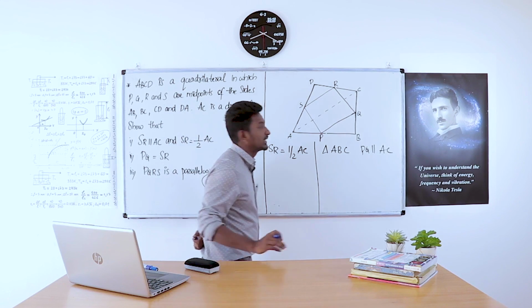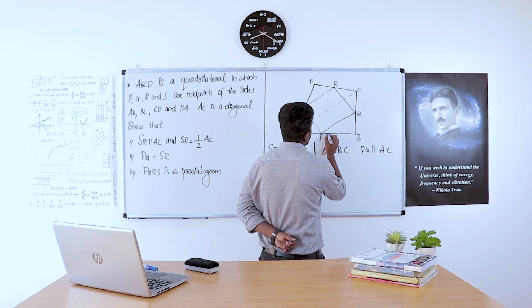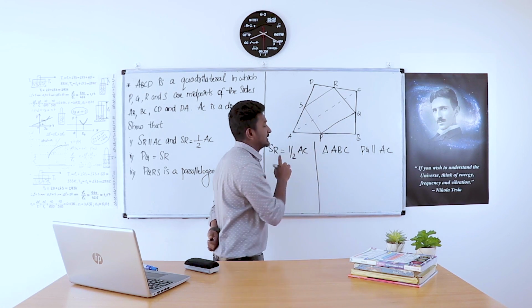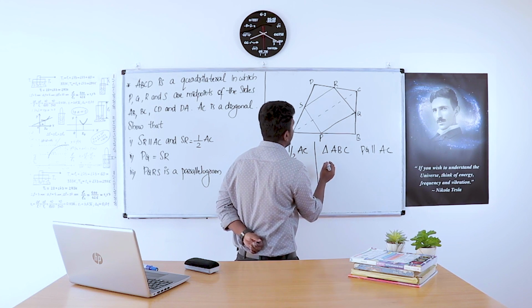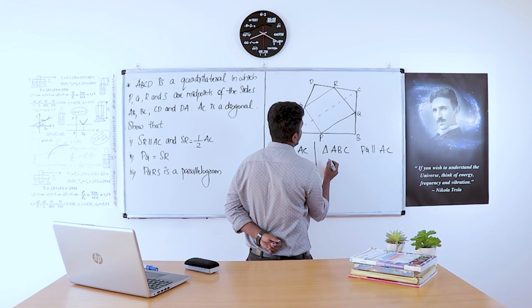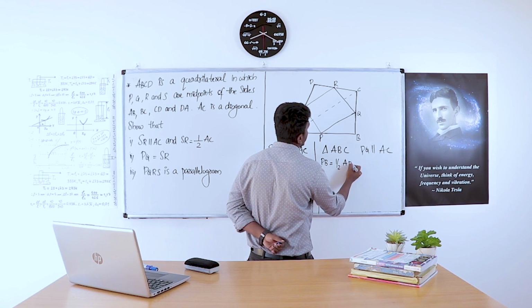Clear? Okay. Then the same condition we used in the first question: P is the midpoint of AB, therefore PB is equal to 1 by 2 AB.